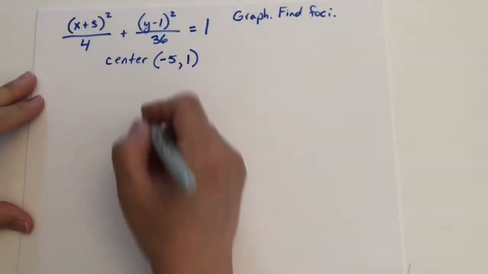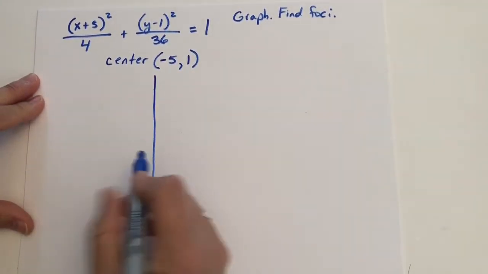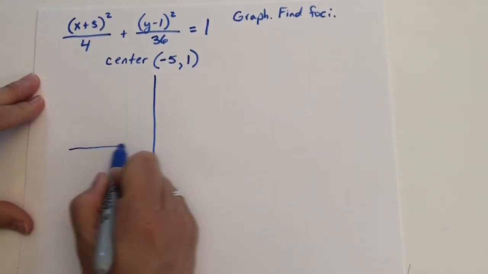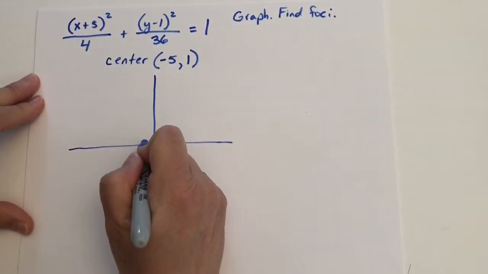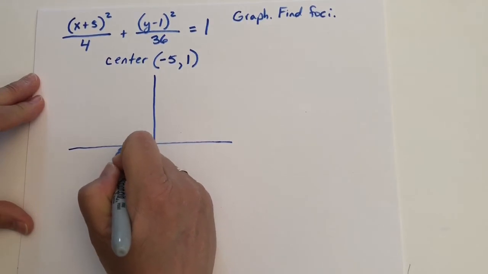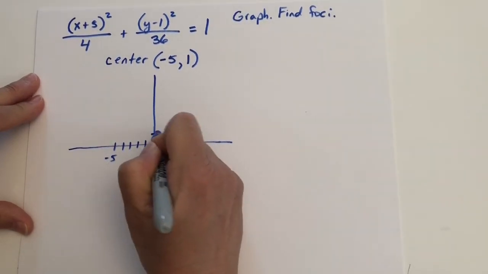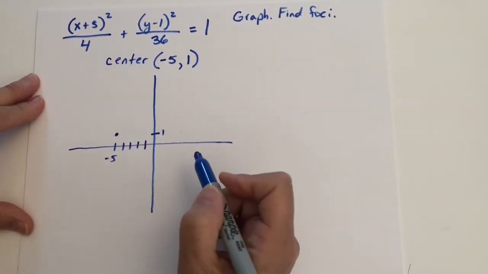So if I'm going to graph this, my center will be at (-5, 1). So negative 1, 2, 3, 4, 5, 1. So there's my center.